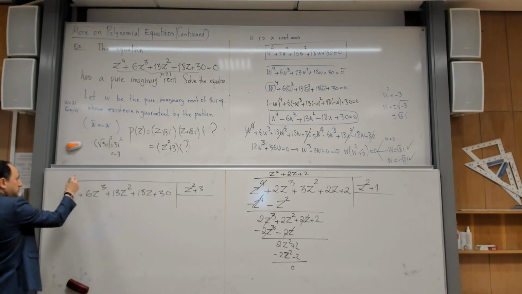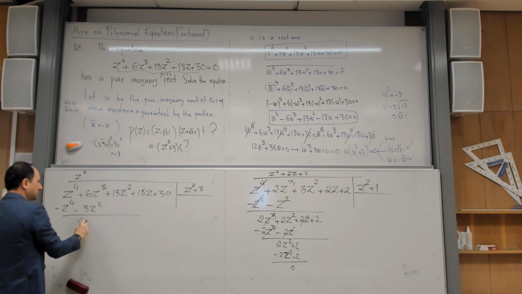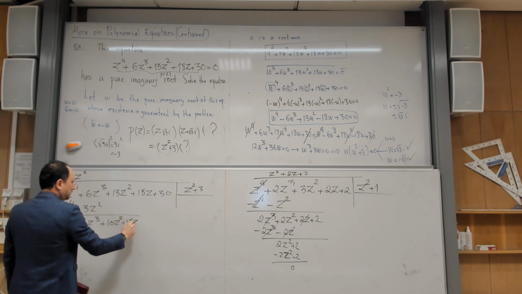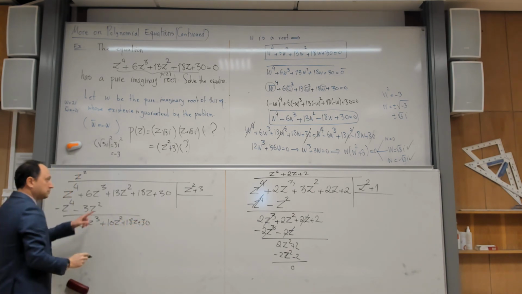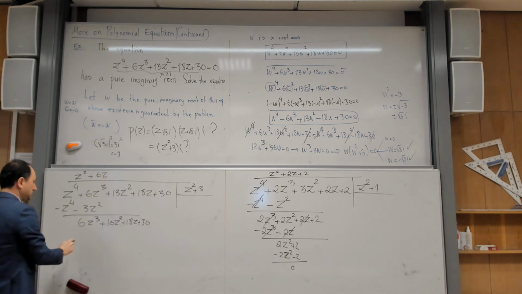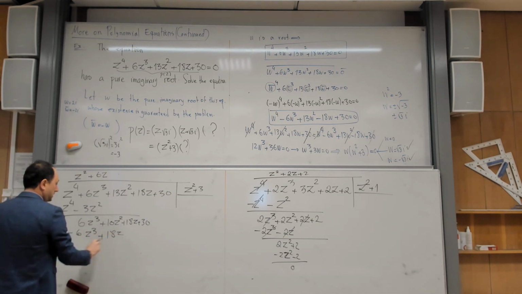So I just divide that by that, z squared I multiply here. And then this becomes z cubed plus 10z squared plus 18z plus 30. And I do this process again, so it becomes 6z. You can also watch my calculations. If I am making mistakes, please let me know. And then this becomes minus 18, so it becomes positive 18.